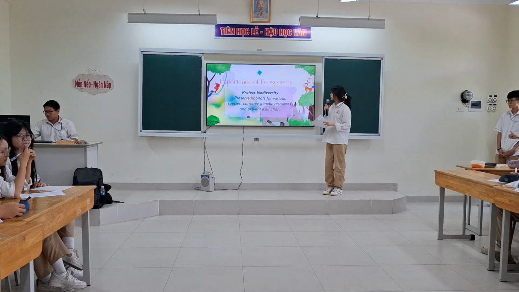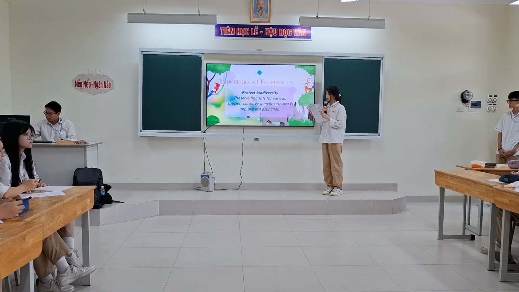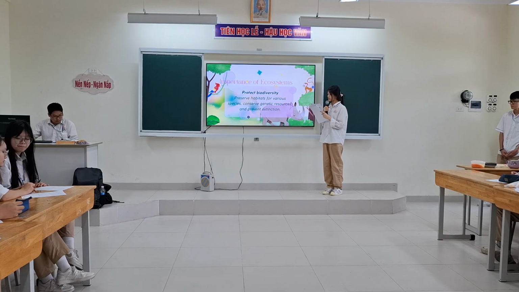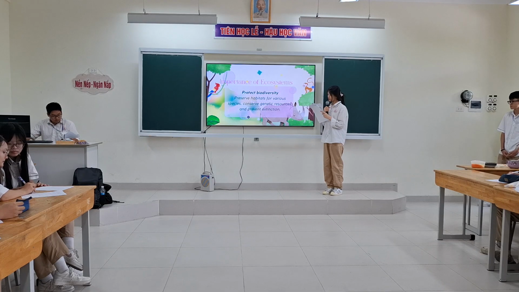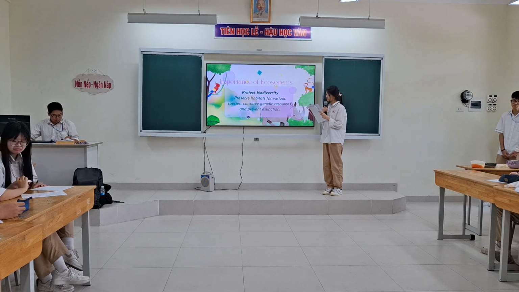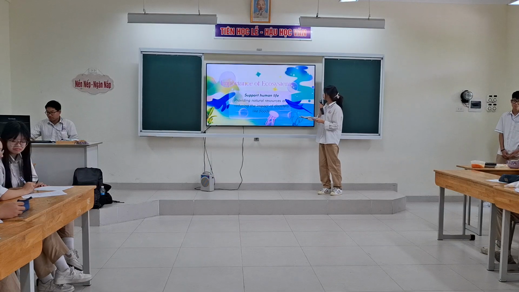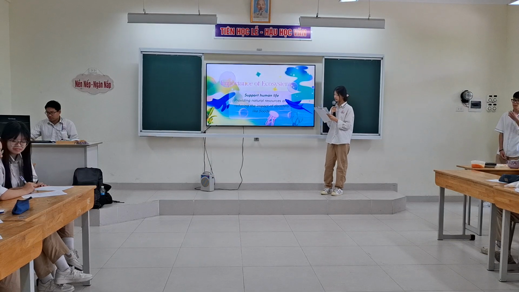Three, protect biodiversity. Each ecosystem is home to a wide variety of species. Protecting ecosystems helps prevent extinction, conserve valuable genetic resources, and ensure the sustainable development of life on Earth. Four, support human life.